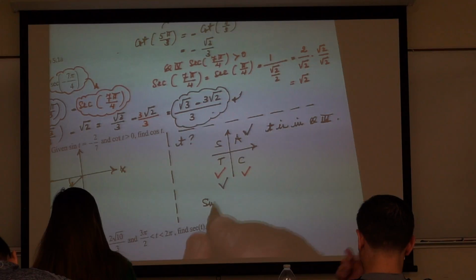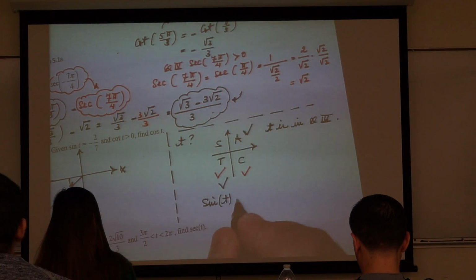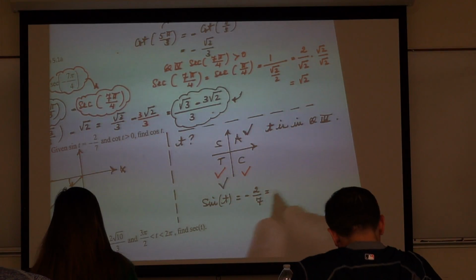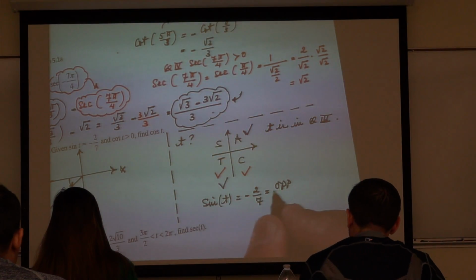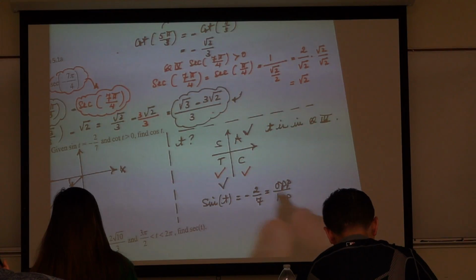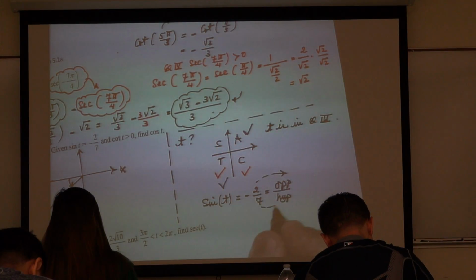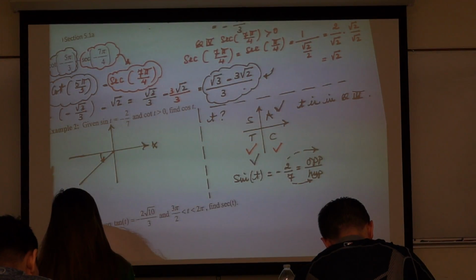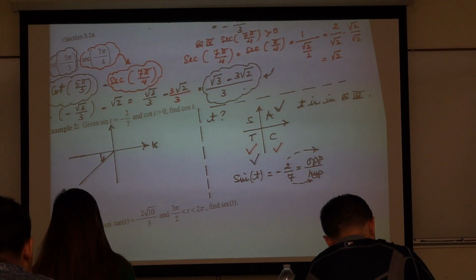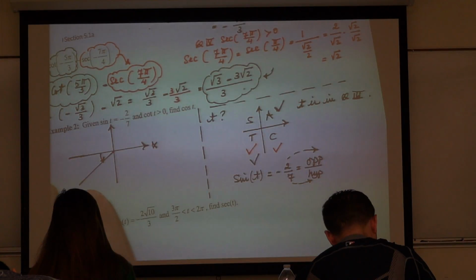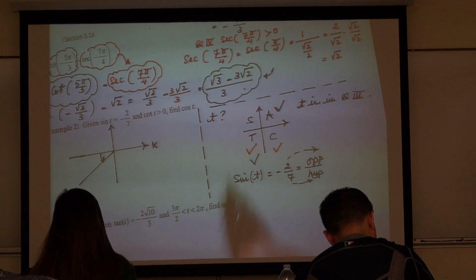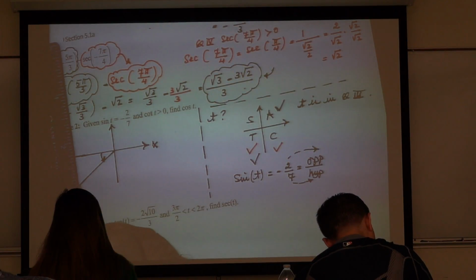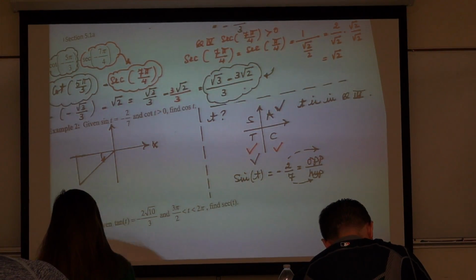Sine t is opposite over hypotenuse, negative 2 over 7. The hypotenuse is positive, because for the hypotenuse we don't talk about x and y, we talk about distance. Negative is just in reference to where the angle is. So the opposite to angle t turned out to be 2.